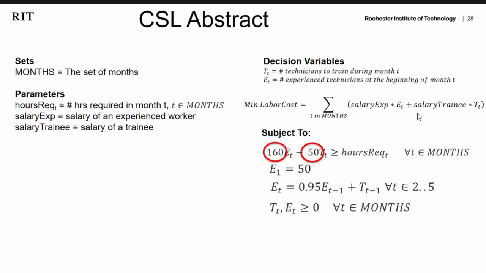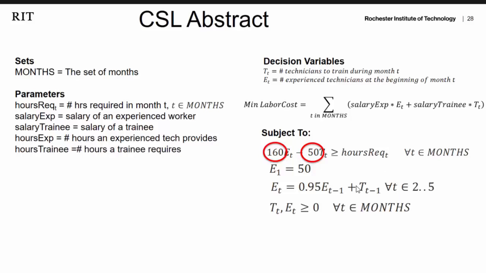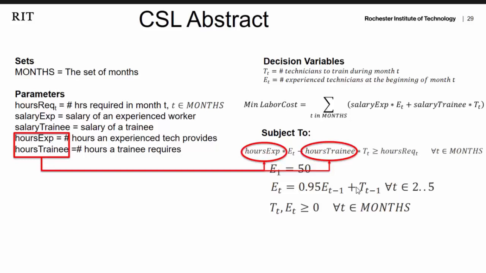So we see some parameters down here that are related to the number of hours our technicians can work. So our hours for experienced workers, we could make a parameter for that. And the hours that a trainee requires, we could make a parameter for that. And instead of hard coding those values, we can use our parameter placeholders.